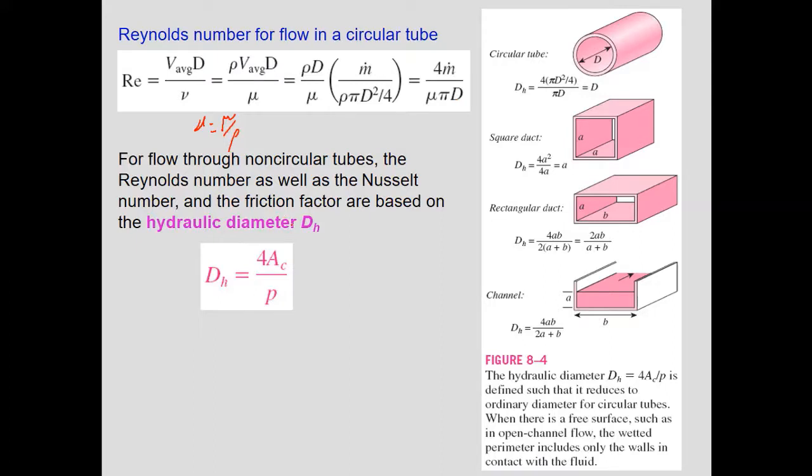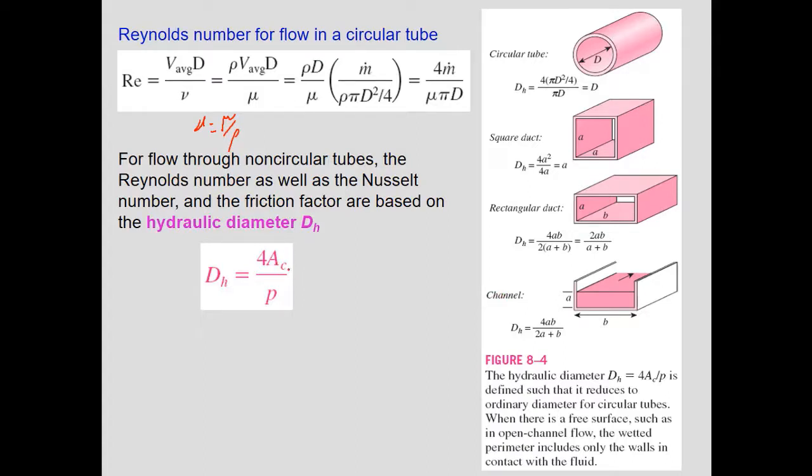We can use another characteristic, which is the hydraulic diameter, or DH. DH is equal to 4 AC by P. P is the perimeter, and AC is the cross-section area of the object in the direction of the flow.